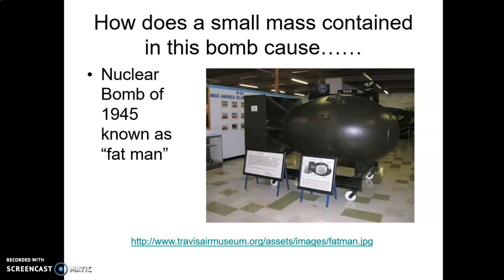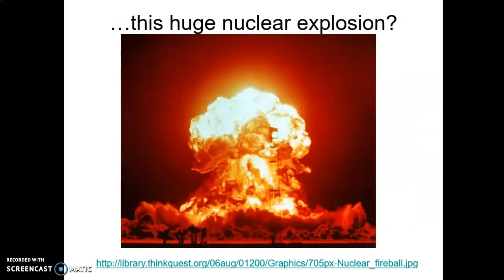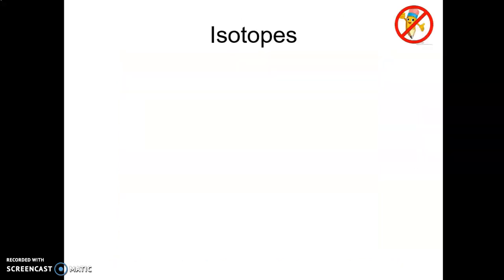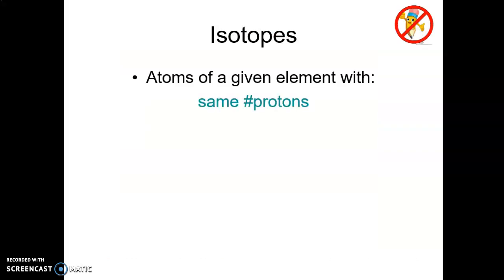And when they begin to react with one another, it creates a major explosion that ended up looking like this. Okay, so just as a quick overview again of isotopes, it is when you have the same number of protons but a different number of neutrons. This is just a reminder of what isotopes are.